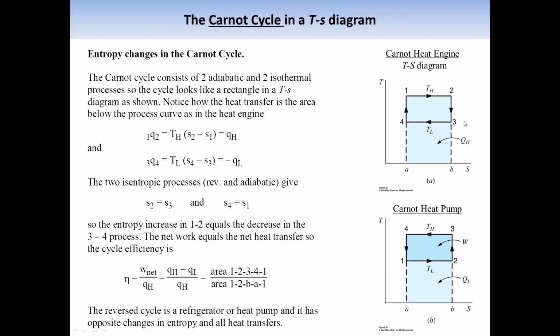And more than that, if we look at the QH, it's going to be the area under this curve, isothermal heat transfer. So TH for the heat transfer from the high temperature reservoir, Q sub H can be easily obtained from the area like this.